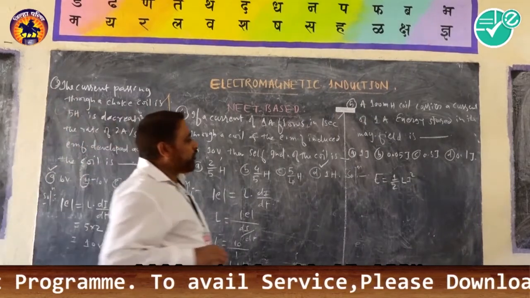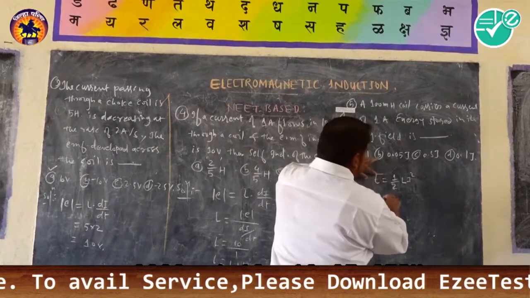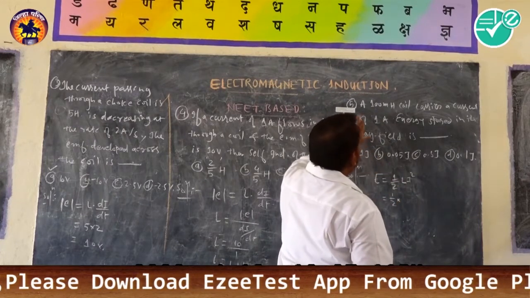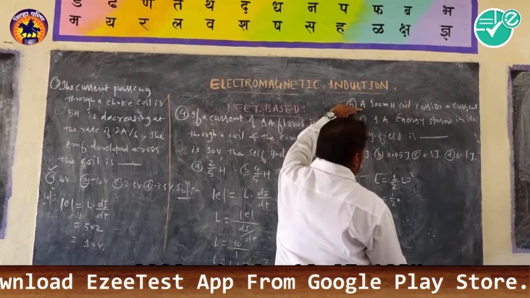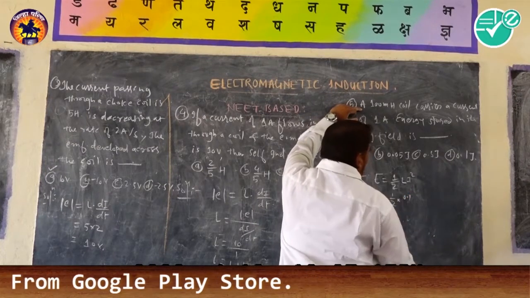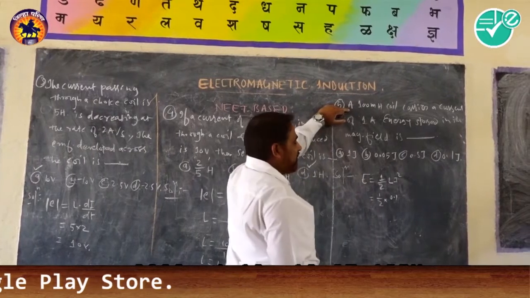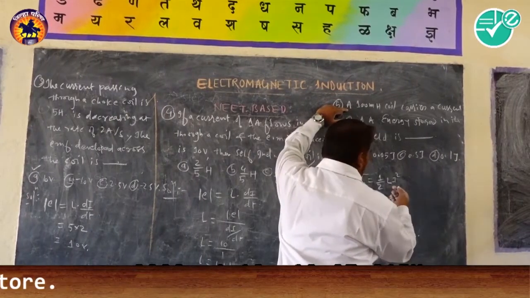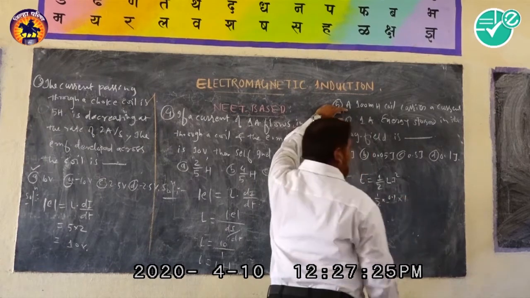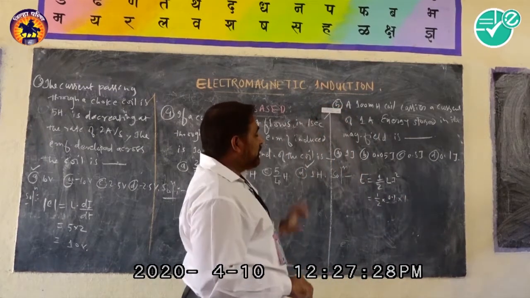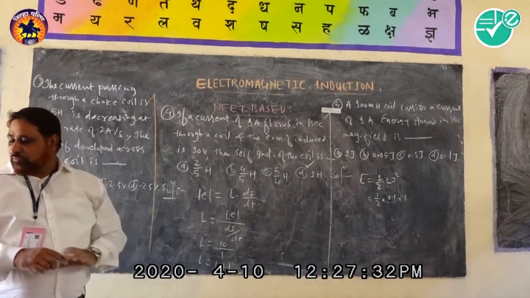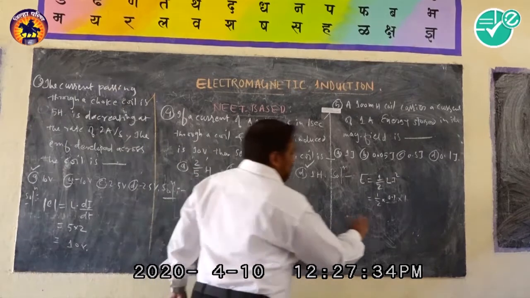So putting the values, 1 by 2 into the value of the inductor, 100 millihenry, which in henry can be written as 0.1, and the square of the current, that is 1 ampere, square is also 1. So 0.1 divided by 2 is nothing but 0.05 joule.